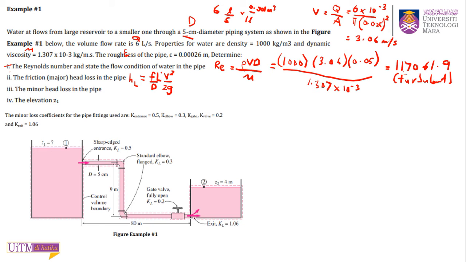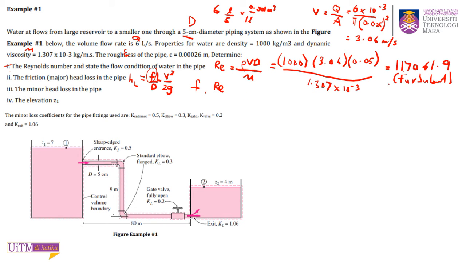Alright. So because this is the turbulent condition, your flow is turbulent, so you need to use the Moody chart. But first, to find this F, the friction factor, you need to have your Reynolds number.